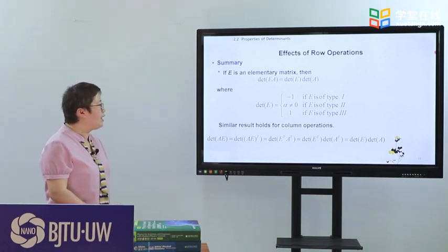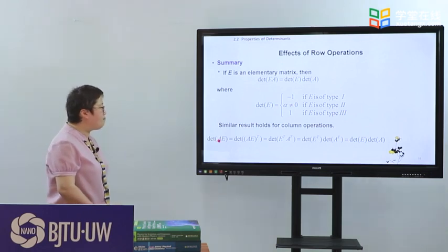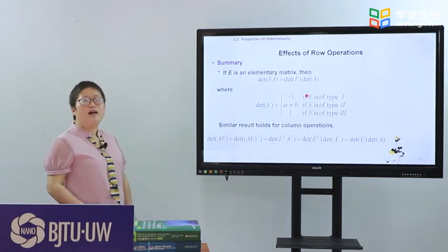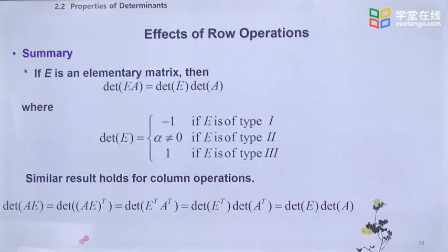If we post-multiply A by E, this means we do a column operation on the matrix A. Then the determinant of AE equals the determinant of (AE) transpose. This is the property we learned before: for a matrix and its transpose, the determinants are the same.